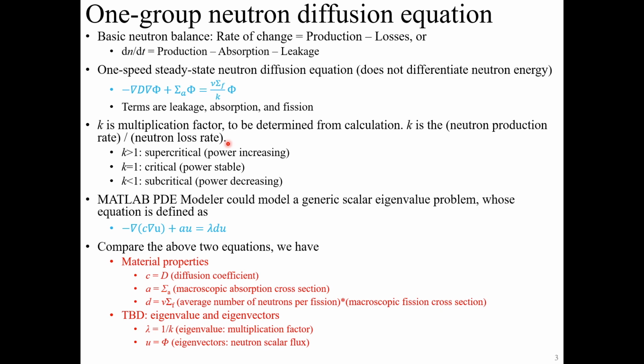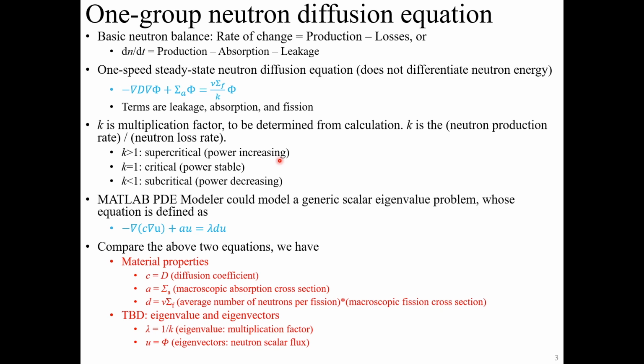So if the neutron production is higher than the neutron loss, then you have more and more neutrons over time. And if the neutron production rate is lower than the neutron loss rate, then your neutron population is going to decrease. Therefore, this K will give you the criticality condition of this reactor.